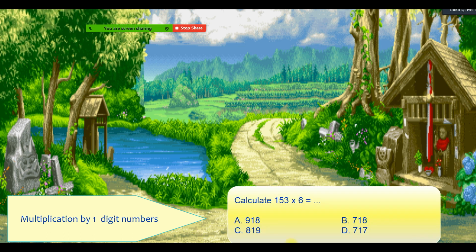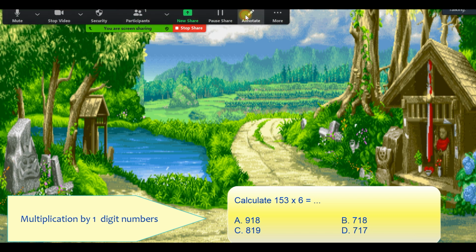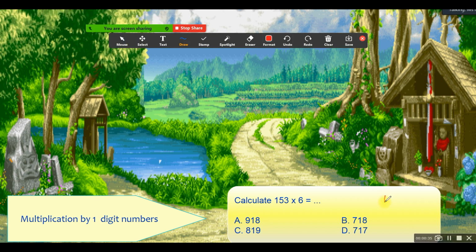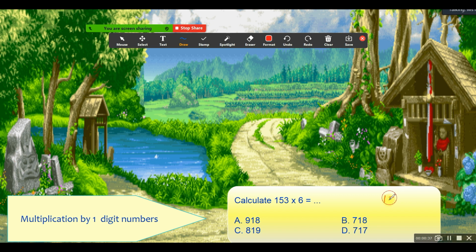For example, calculate 153 times 6. We can use the vertical form. We can start from the ones.